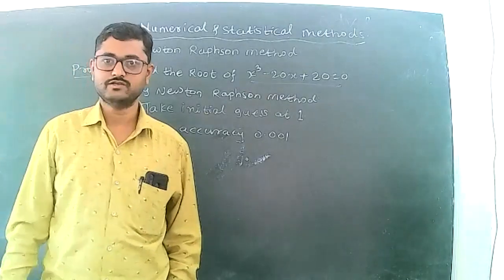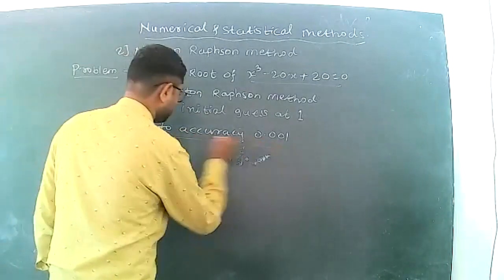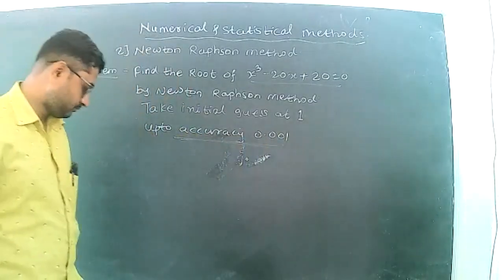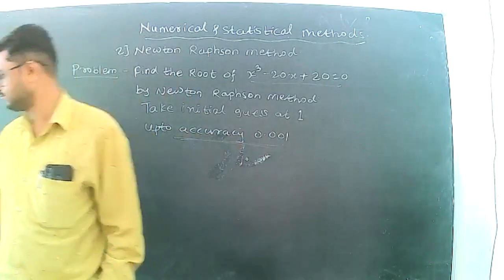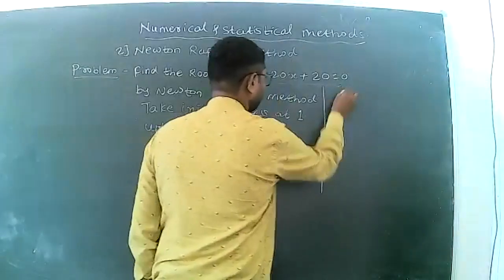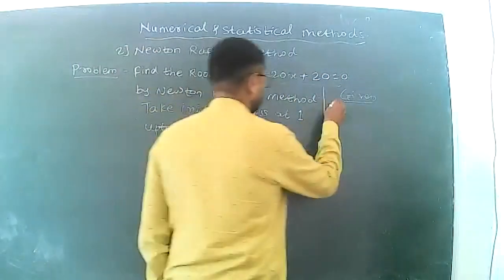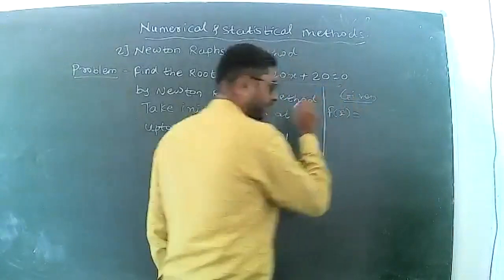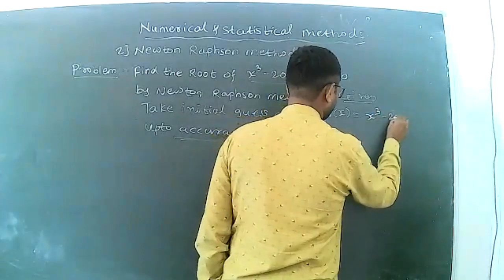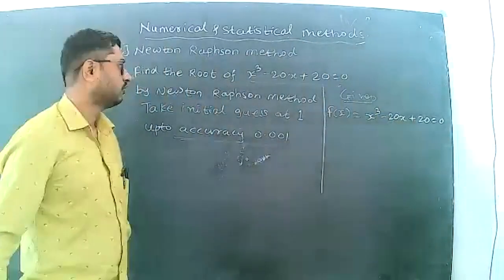So let us solve this numerical based on the Newton-Raphson method, that is, based on the accuracy criteria. What is given? The function equation f of x is equal to x cube minus 20x plus 20 equal to 0.